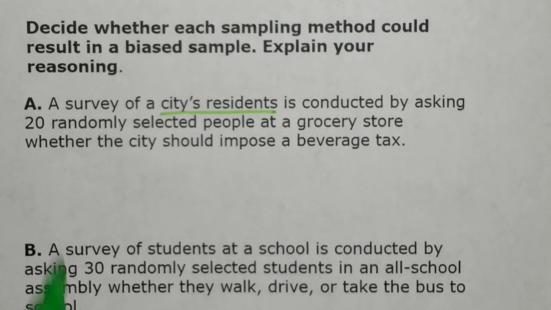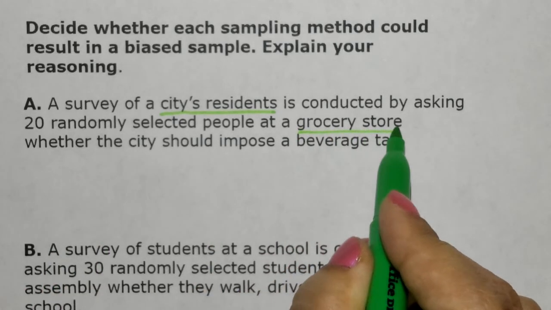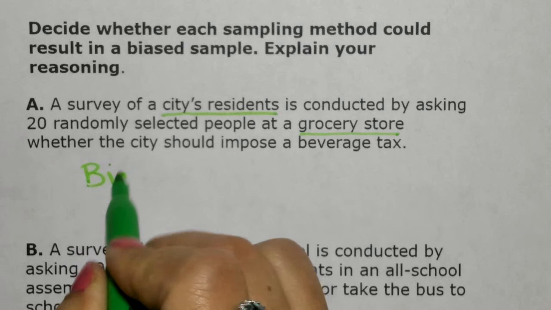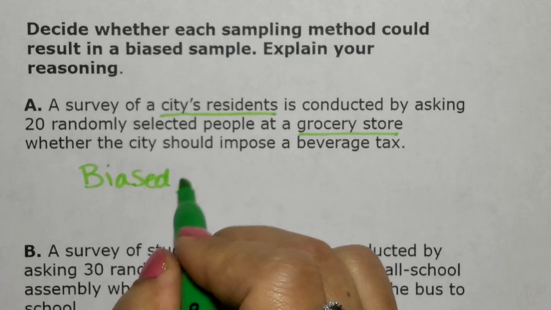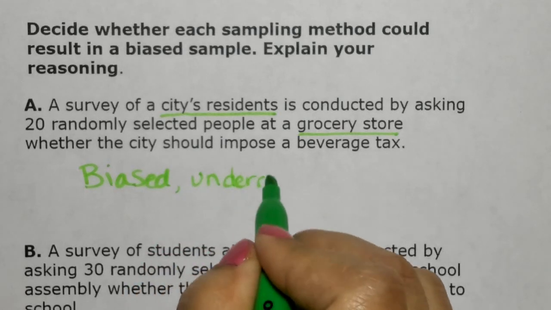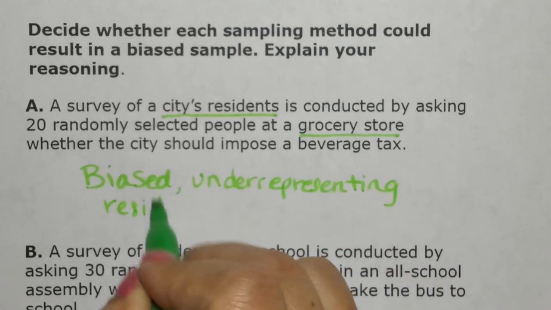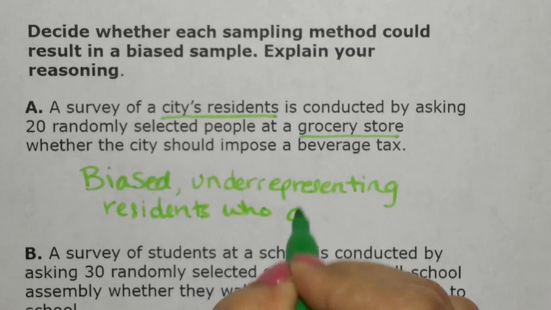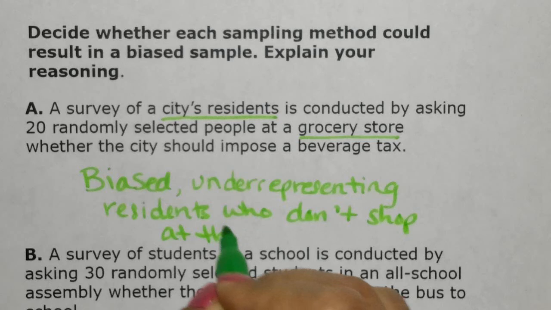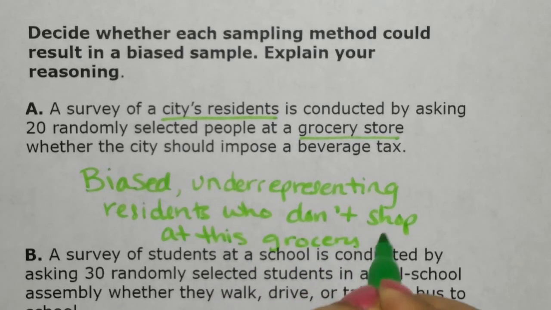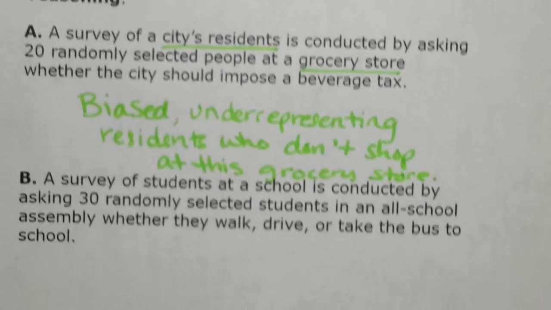They say they chose 20 randomly, but they chose them at a grocery store. So this is biased because what about all of those city residents that don't shop at the grocery store? It is under-representing residents who don't shop at this grocery store. Whenever we take our sample, we want it to represent the entire population.